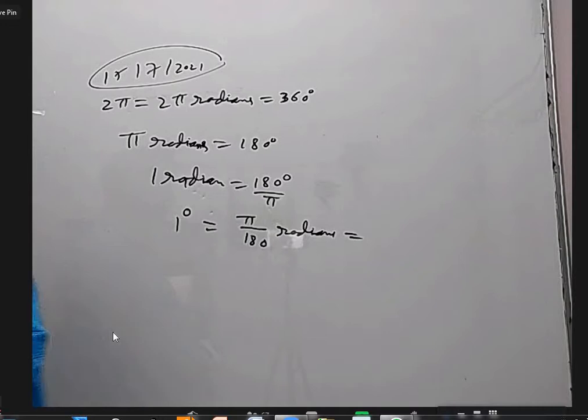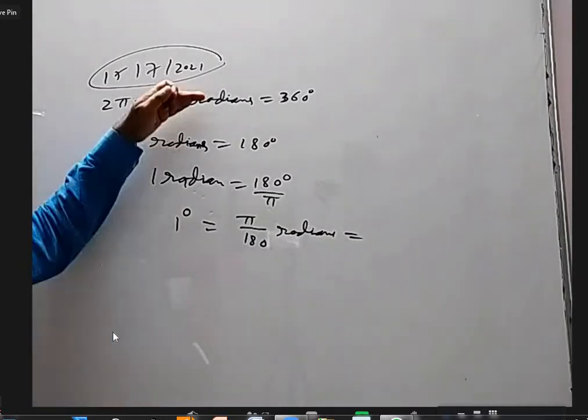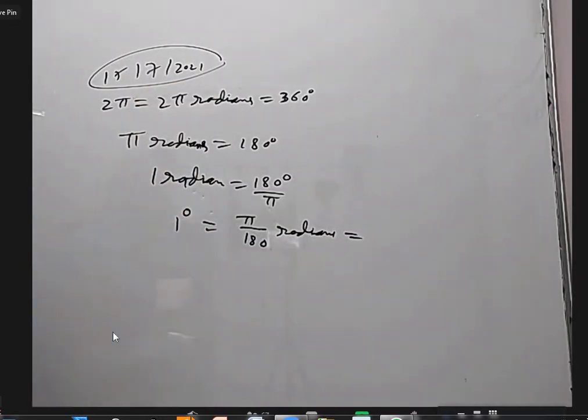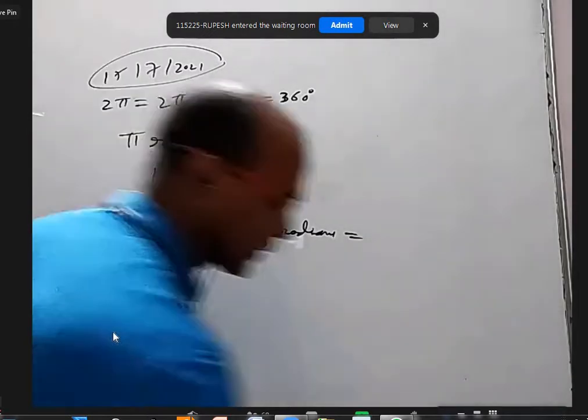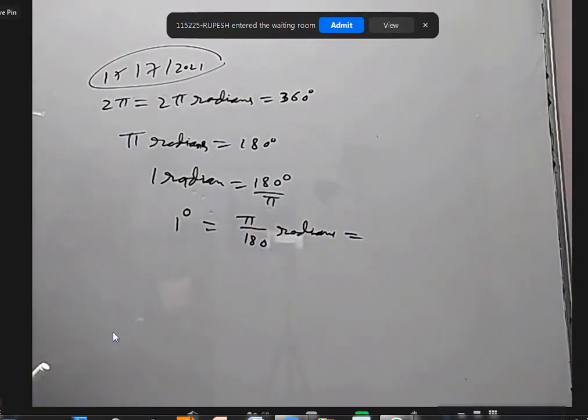Sir, should we write it as next point? Just write it on different lines. Sir, so that means 1 radian is equal to 57 degrees 17 minutes. Yeah, we'll get it here.